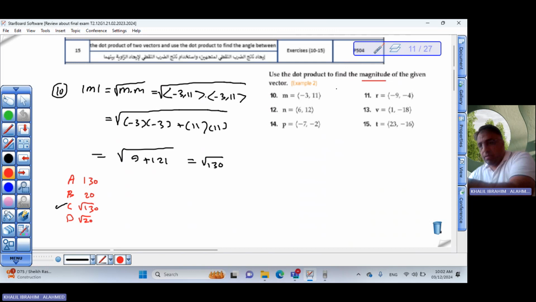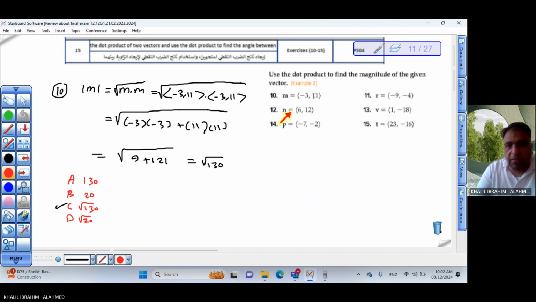I think here this is question 10. M equals negative 3, 11. Okay, how to use the magnitude, radical m times m. This is negative 3, 11.